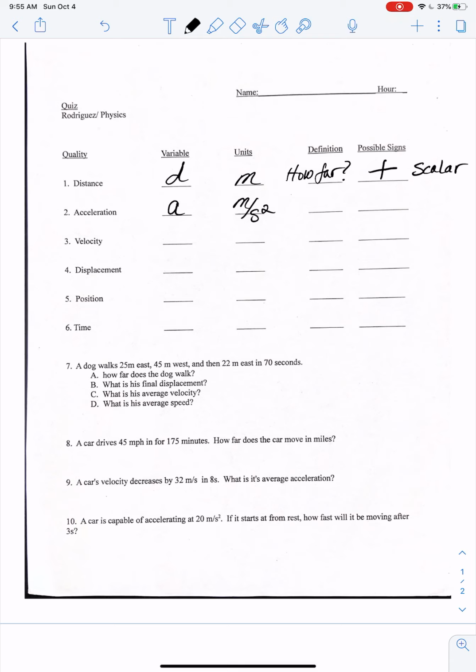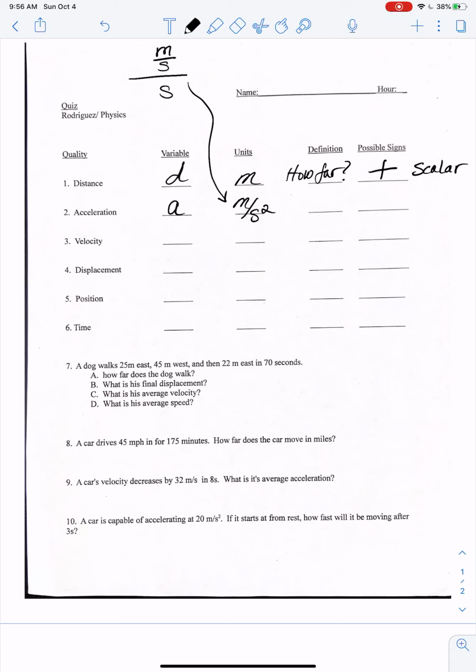But I kind of don't like always writing that, because a lot of times kids don't know what that means. So remember that when we write that, what we're really saying is meters per second, right? That's really how much your meters per second change, or your speed or velocity every second.